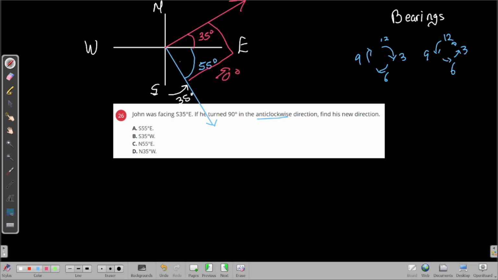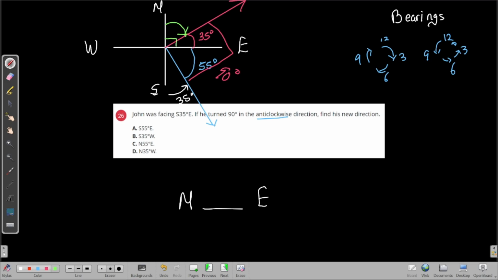So now he is in between north and east. So say north something degrees east. When you're saying north something, you're going to start counting from the north. So we need to know what this angle is. And what's that angle? It is very simple.